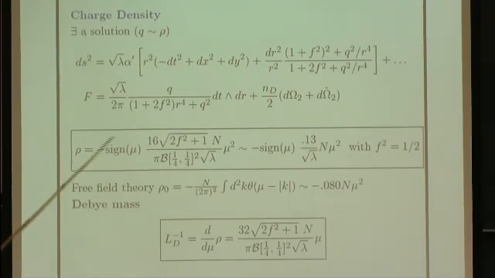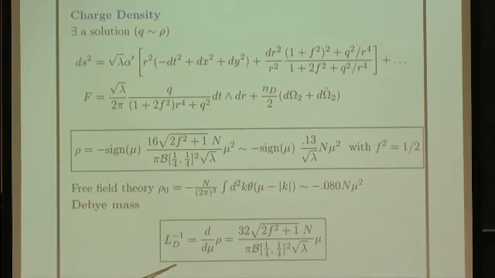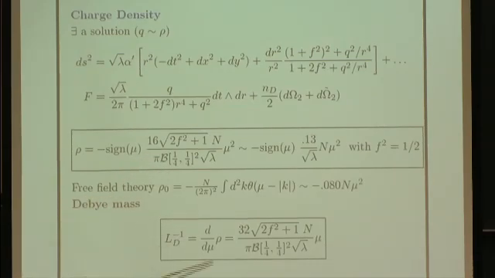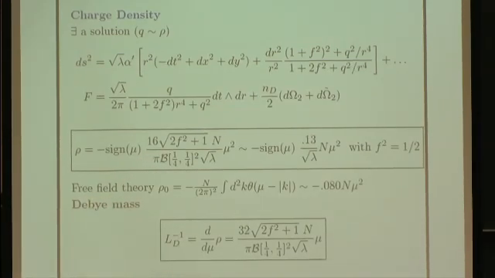This isn't really an easy thing to see physically, but for this relationship, there's an old theorem due to Fradkin, I think, the Russian Fradkin from the 1950s, which says if you take a derivative of rho by mu, you get the Debye mass, or the inverse Debye screening length. And so one should be able to see this difference in the Debye screening length, which should be measurable somehow.